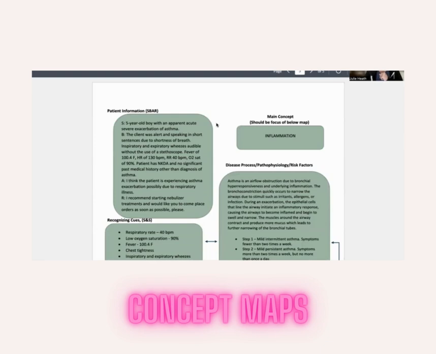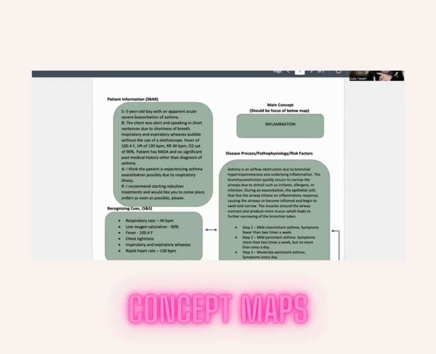Another what if. This is one thing that I've missed points on before. Your S-bar: situation, background, assessment, recommendations, right? Say, for example, in your assessment, you say the patient is experiencing asthma exacerbation, possibly due to respiratory illness. What did I do wrong just now? I didn't say, I think. It's not a definitive diagnosis.